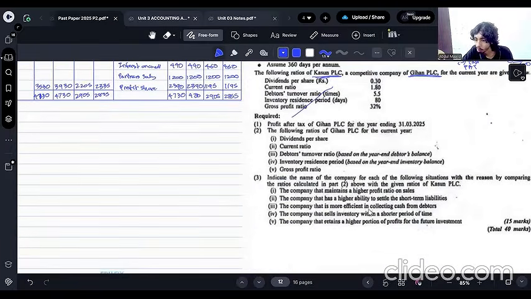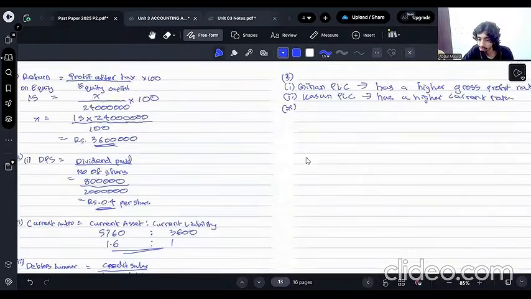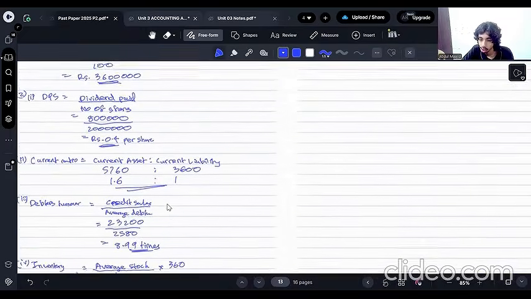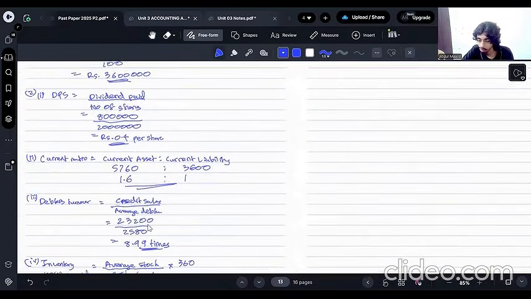The company that is more efficient in collecting cash from debtors. You have to see the debtor turnover. Now, debtor turnover of Kasun is 5.5. Debtor turnover of Gihan is 8.99. Then Gihan has a higher ability to get the cash from the debtor.